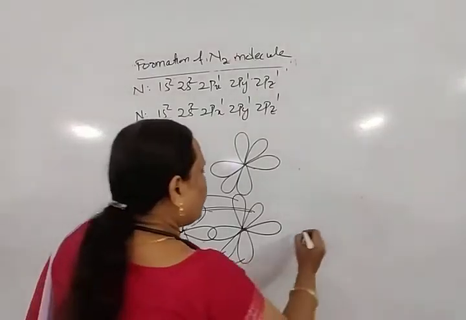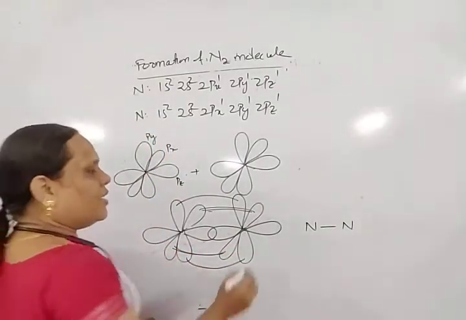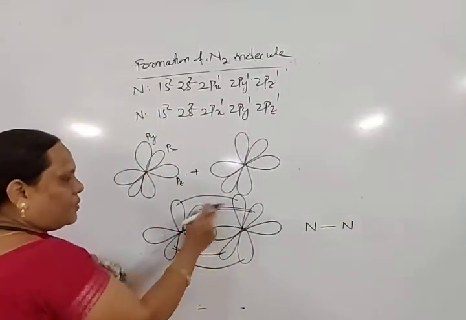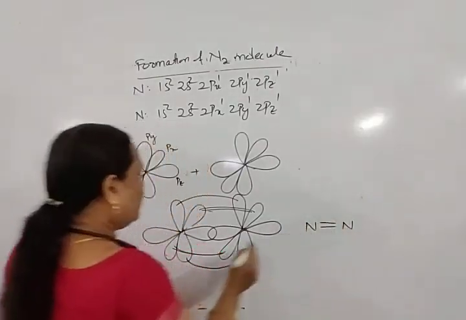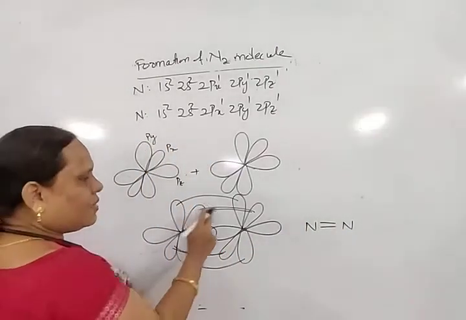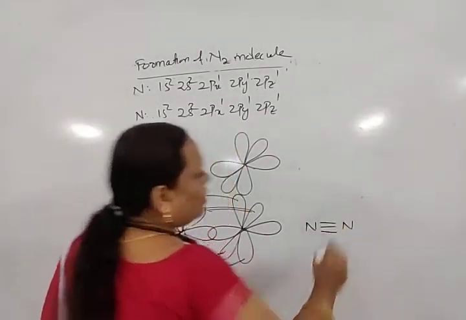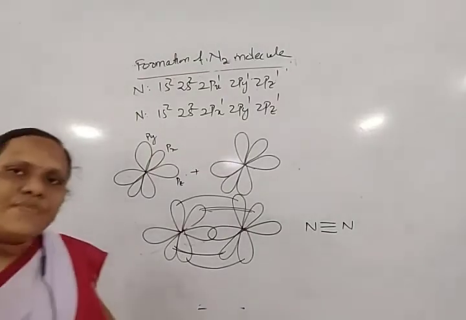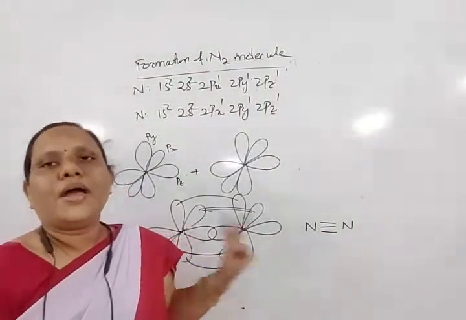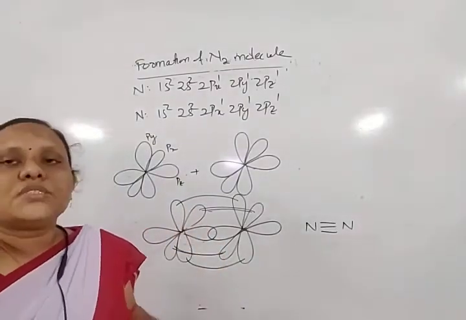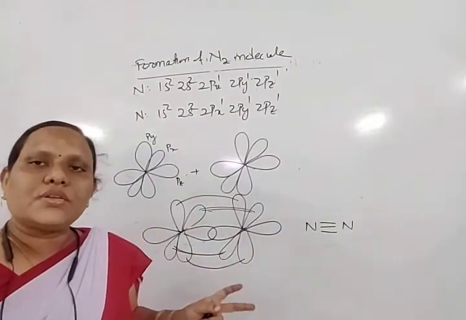In this way, it forms between nitrogen and nitrogen one bond, and these two, this orbital, look here, this one and this one form one pi bond. Similarly, when we consider this one and this one, it will form another pi bond. So if there are 3 bonds, among them one is a sigma bond and others are pi bonds. So between 2 atoms, one is a sigma bond and others are pi bonds.